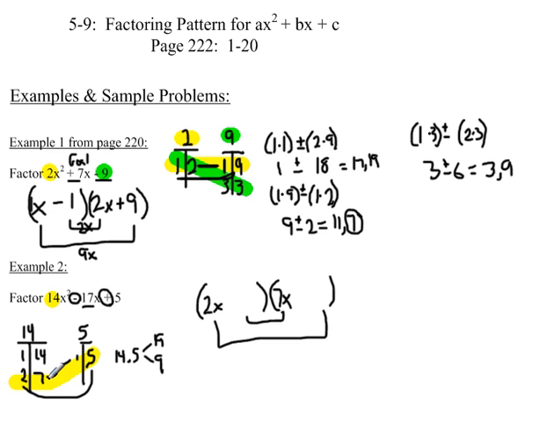The 7 needs to multiply by 1. And the 2 needs to multiply by 5. So let's plug that in. That gives you a 7x here. And that gives you a 10x here. And to get a negative, both of these need to be negative. So your answer is 2x minus 1, 7x minus 5.